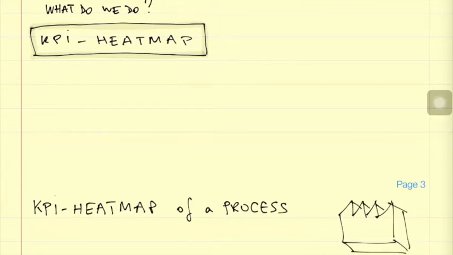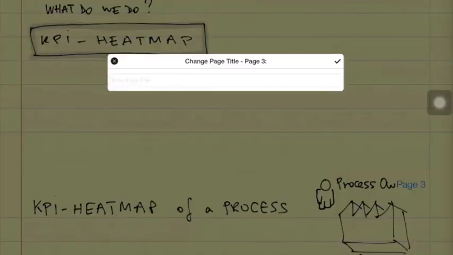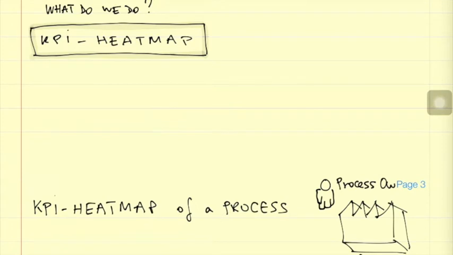It doesn't matter. Okay, we have a process, and attached to every process, we have a process owner.